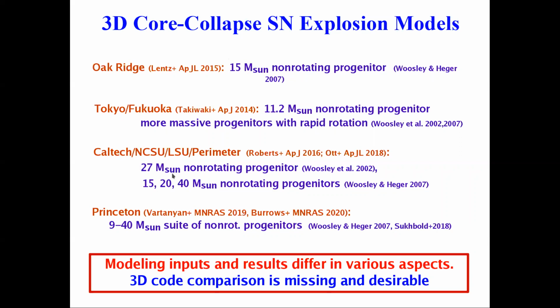But later simulations by the group around Caltech and LSU people, they use partially MESA models, or they use progenitor masses which were different from the ones we had explored. The Princeton group actually uses, again, completely different progenitors, and they have not published any massive progenitors which we had investigated before. They have used the 8.8 solar mass model from Nomoto and the 9 solar mass model, which we also investigated.